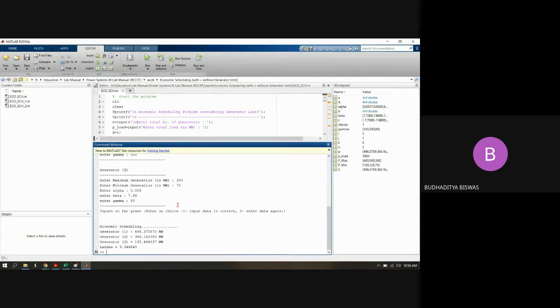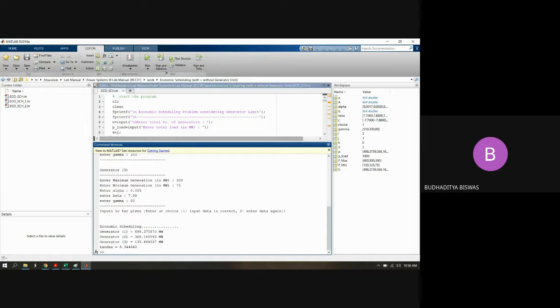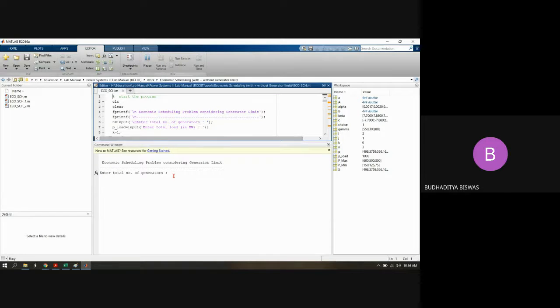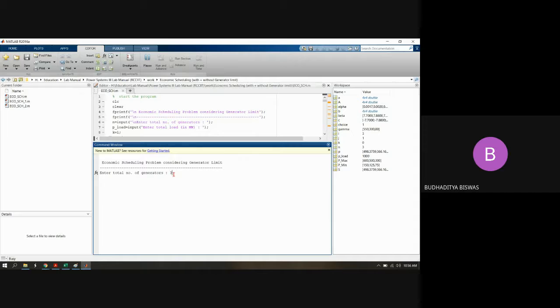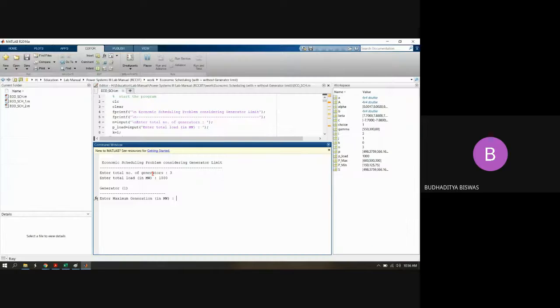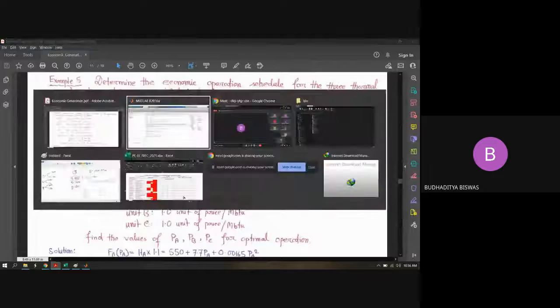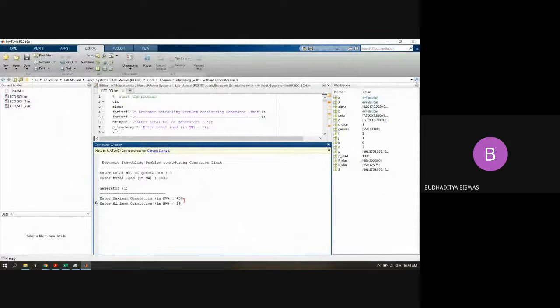Now I want to change it. So how do I change it? Again I need to run this program. Number of generators is 3 again. Total load demand is 1000 again. Now for generator 1, which was supposed to generate 498, I change the upper limit from 600 to 450, and the lower limit remains the same at 150.